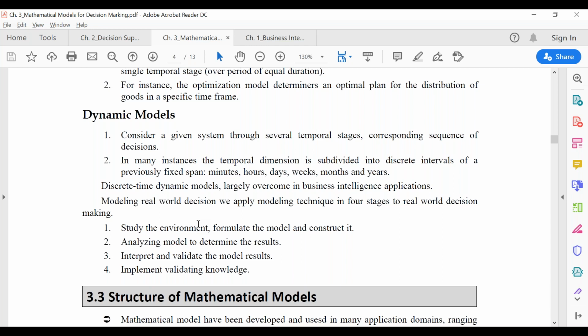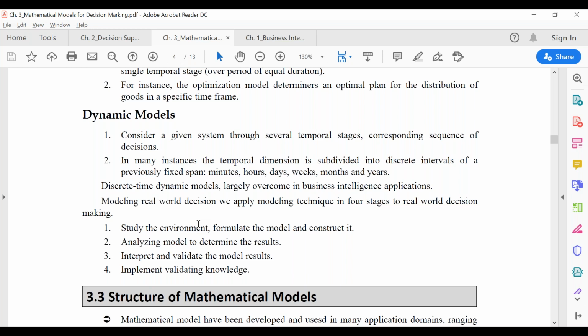That is a dynamic model, where with the temporal, with time, things will change. In many instances, the temporal dimension is subdivided into discrete intervals of time, like minutes, hours, days, weeks. For example, I say every minute things are changing, every hour things are changing, or year by year.